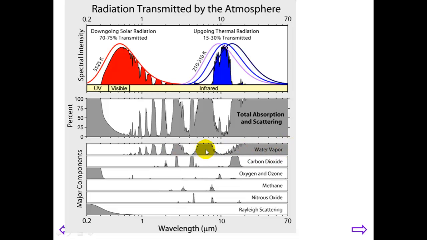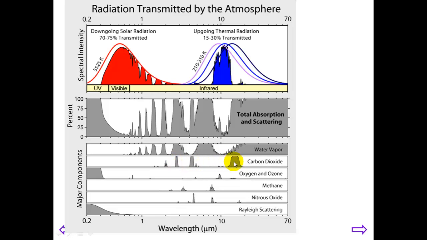So this contributes to why the Earth's atmosphere absorbs this frequency and this frequency. Carbon dioxide is also a notable absorber of radiation. It absorbs a great deal in this part of the spectrum, which is in the infrared, and this part as well, and this part.